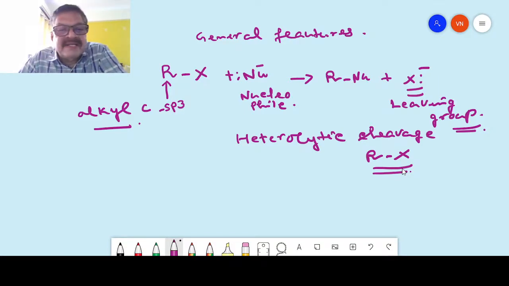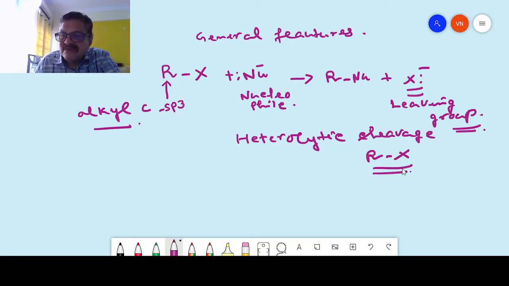That is, R will not get anything; the entire electron pair will go to the X. X should be able to take the electrons. That is the most important thing. The leaving group X should be in a position to accept the electron density in the C-X bond or R-X bond, whatever it is.